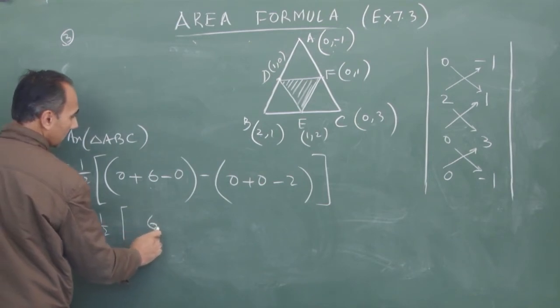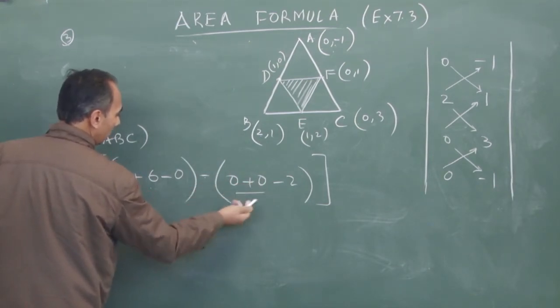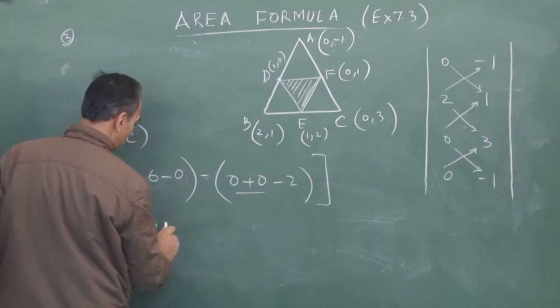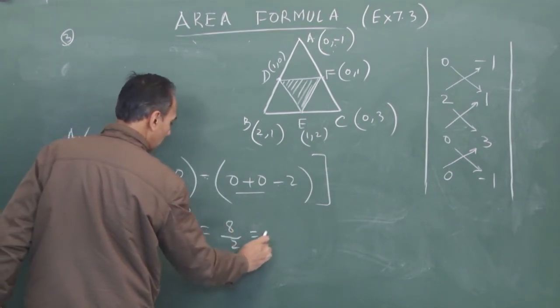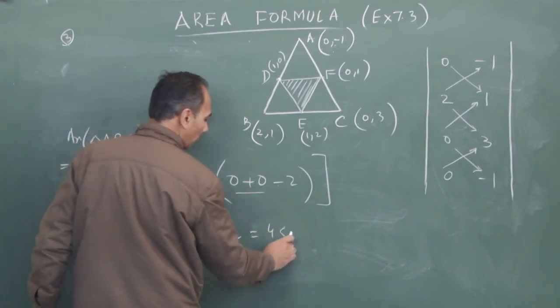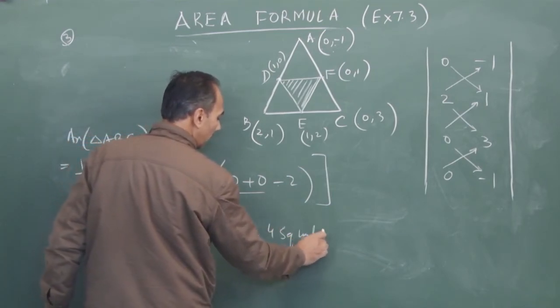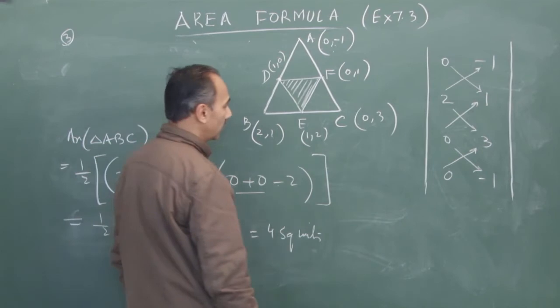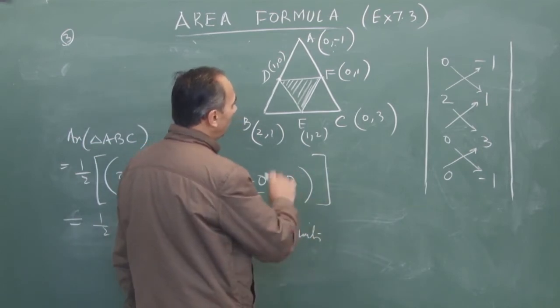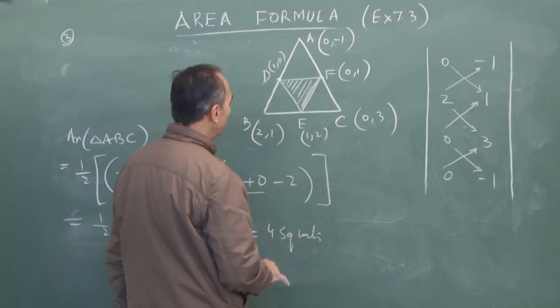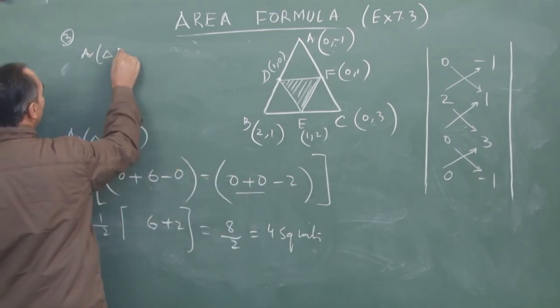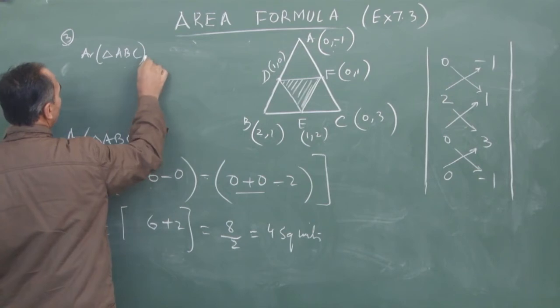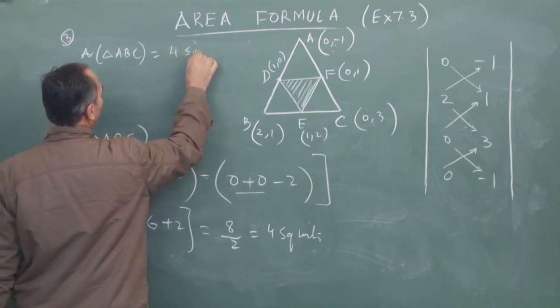This will be 6 minus, this is simply 0, minus 2, so 6 plus 2. That's 8 by 2. That's 4 square units. So area of the big triangle turned out to be 4 square units. Now you have to find area of the smaller triangle, that is DEF. So we write here area of triangle ABC is 4 square units.